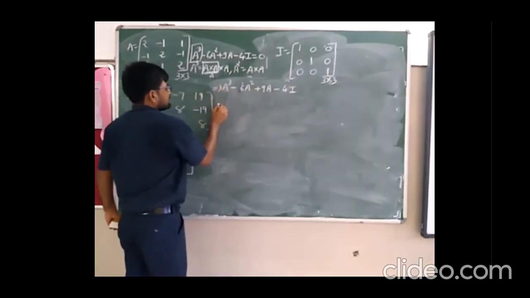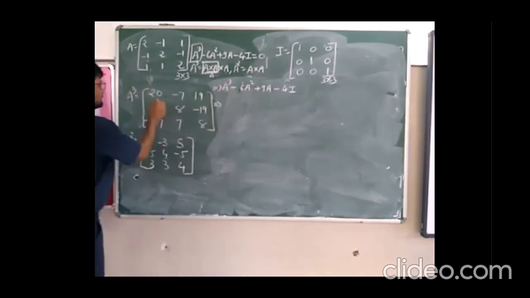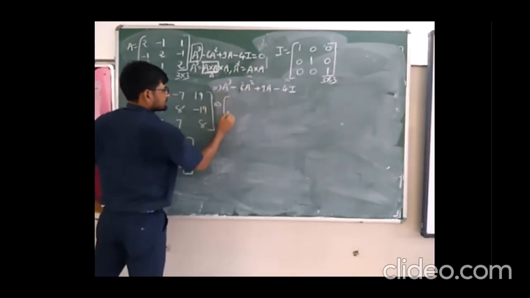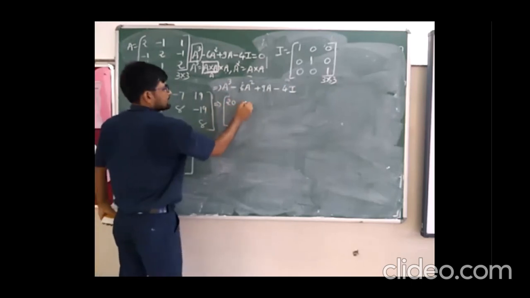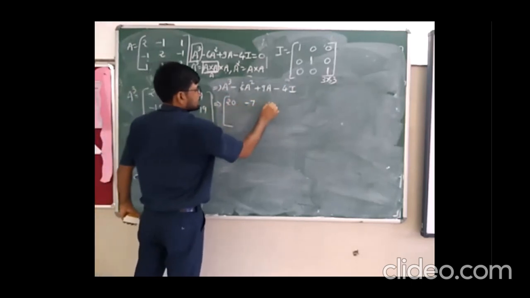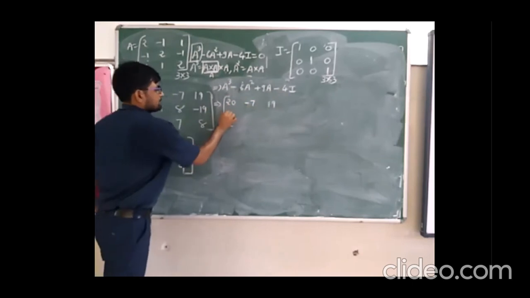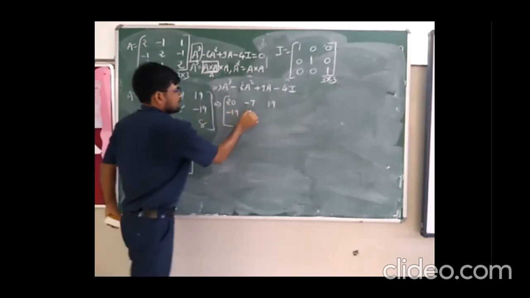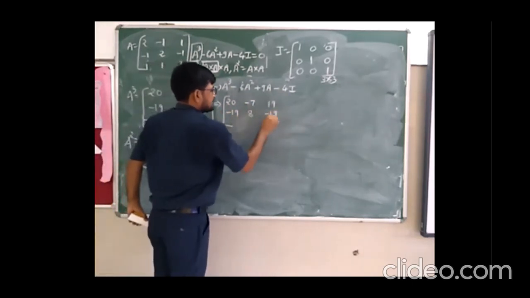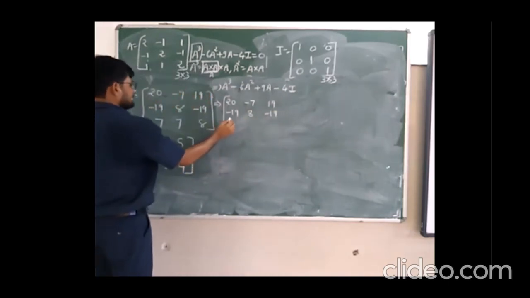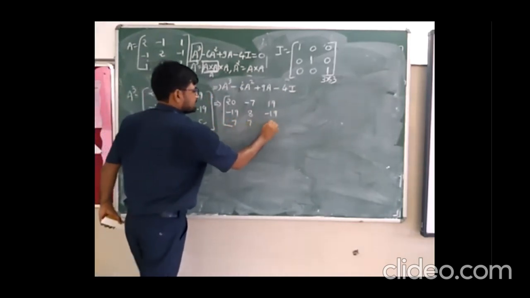Okay, so now here first we have to write a cube. What is the answer of a cube? So it is 20 minus 7, 19 minus 19, 8 minus 19 and 7, 7, 8.